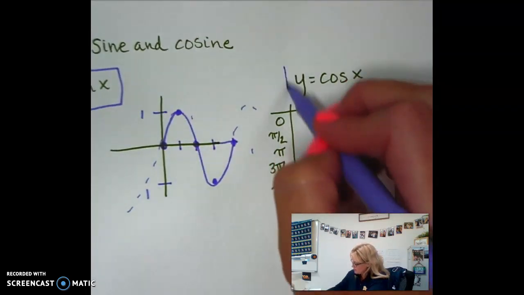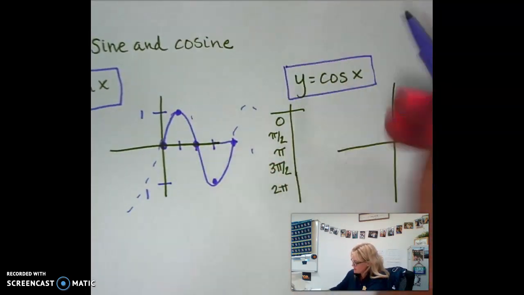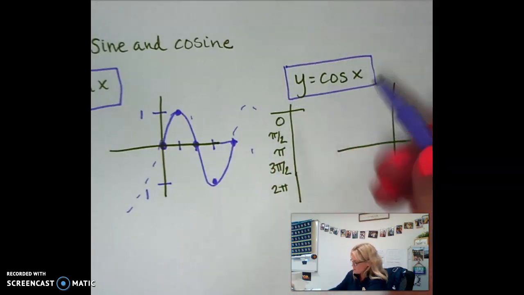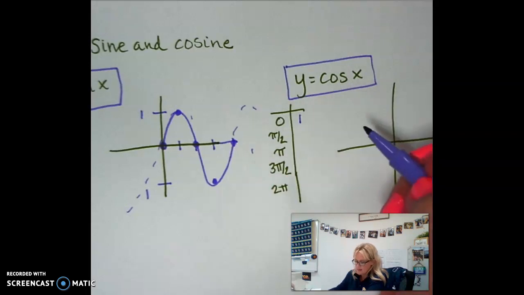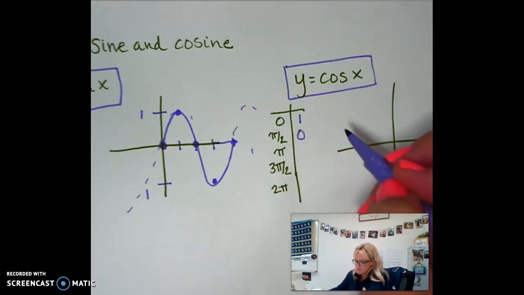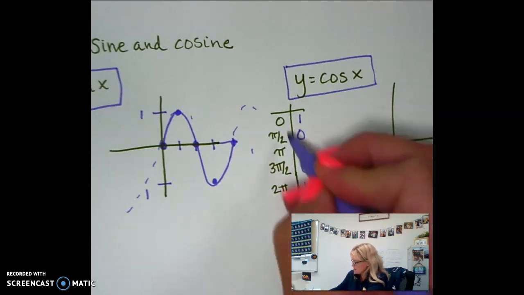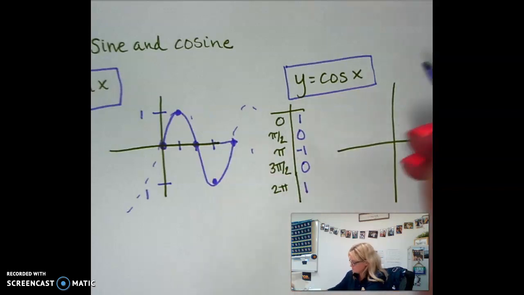If we look at y equals the cosine of x, at 0, the cosine of 0, now this is your x value, so it's a 1. At half a pi, it's 0. At pi, it's -1. At 3/2 of a pi, it's 0. And 2 pi is back to 1.